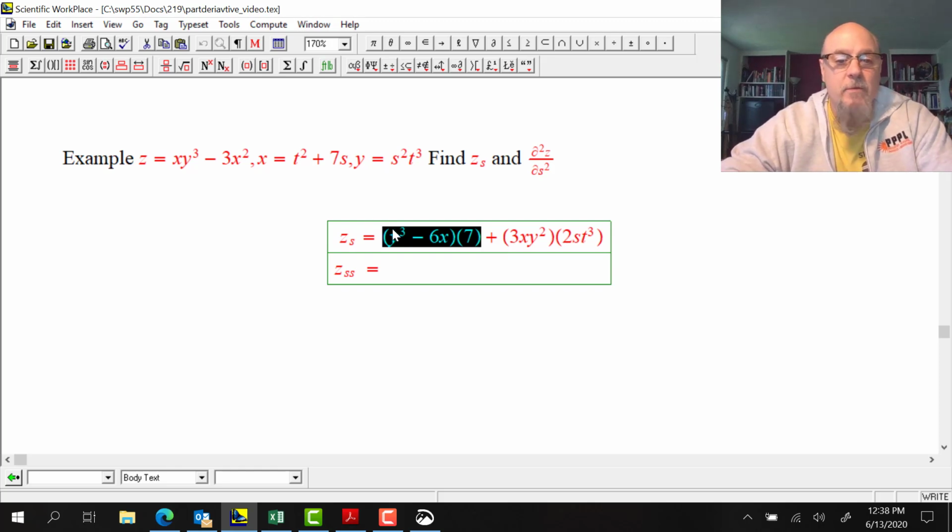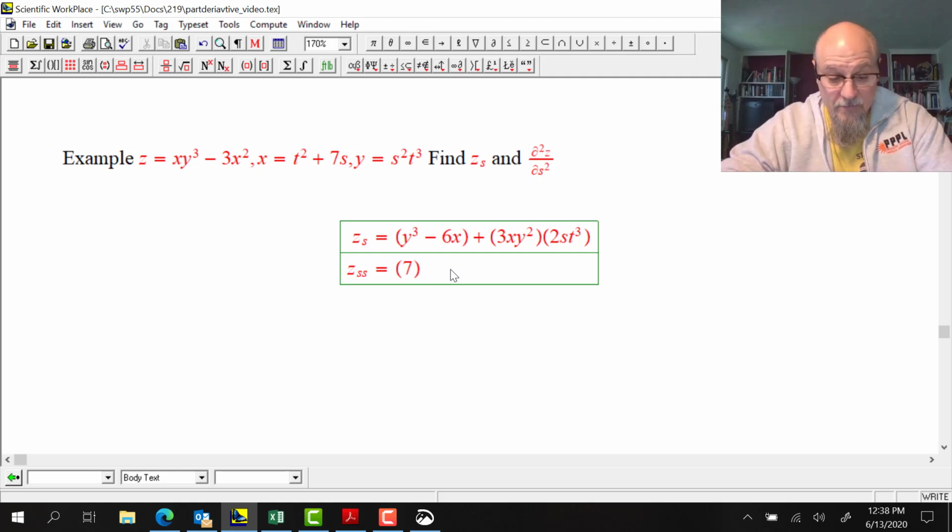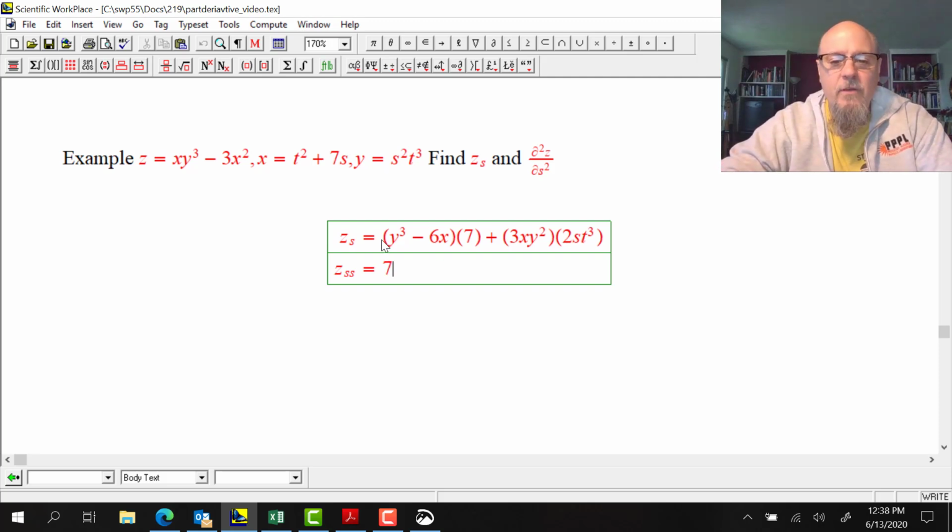Differentiating this with respect to s, I'm just going to use my tree diagram. We're going to use the method we had, because this is just a 7. I was going to say let's multiply this 7 through. I'm not going to do that. I'm just going to leave it as the constant that it is. So 7 times, and now I'm differentiating this piece with respect to s. So I have to do the chain rule again.